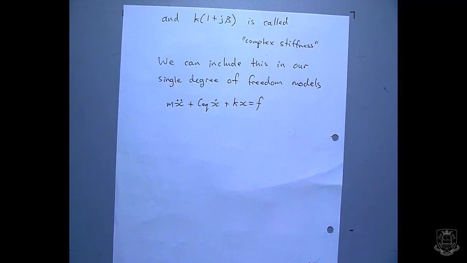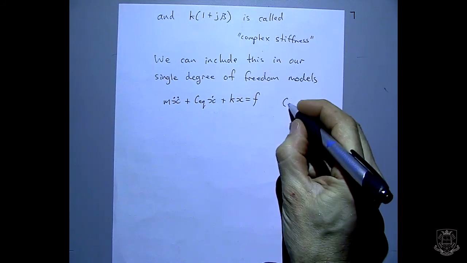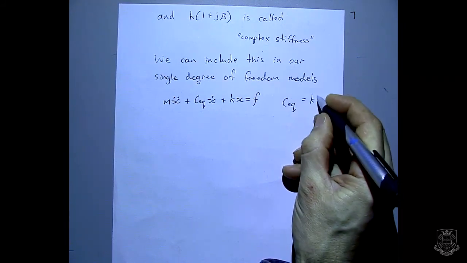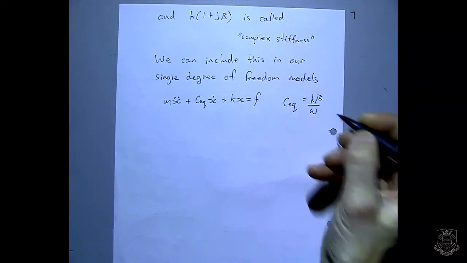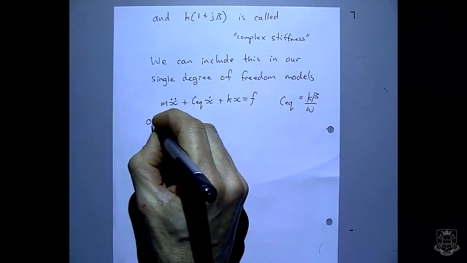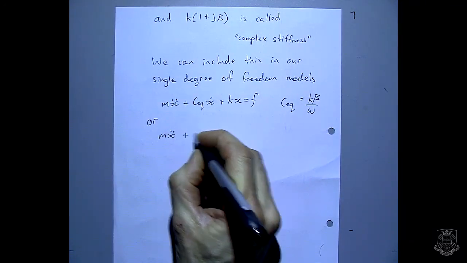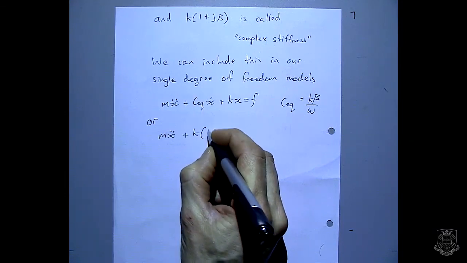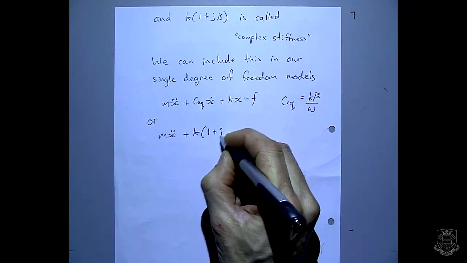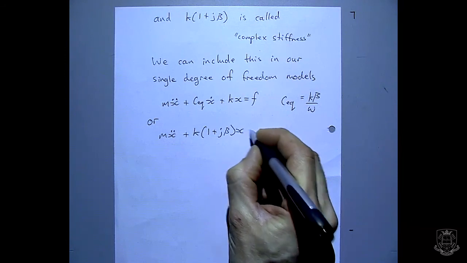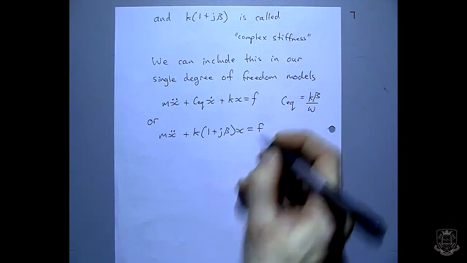So we can have a single degree of freedom equation, mx double dot, and C equivalent x dot, plus kx equals f, and C equivalent is k beta over omega. Or we can have mx double dot plus k times 1 plus j beta, times x, equals f.